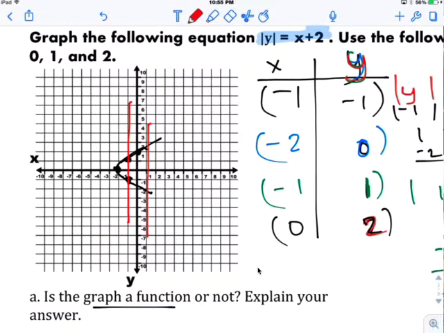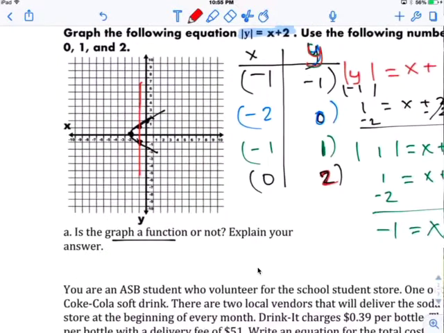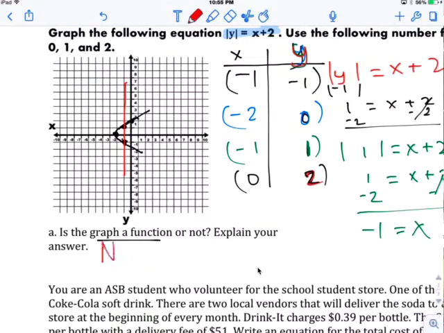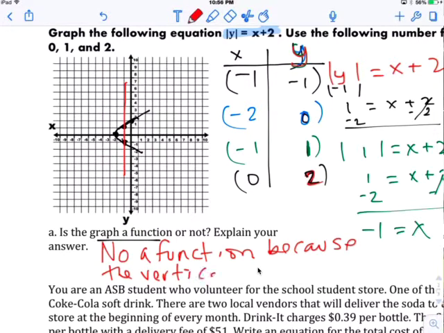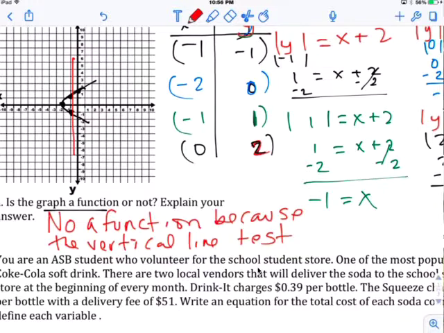So not a function, because of the vertical line test. When I draw a vertical line, it passes 2 points on the graph.